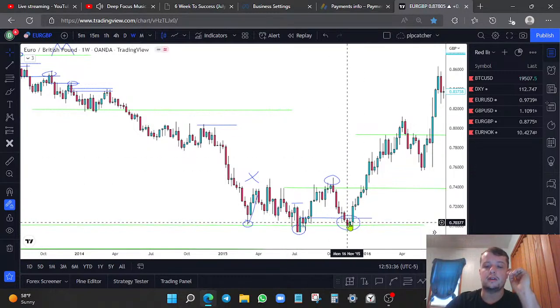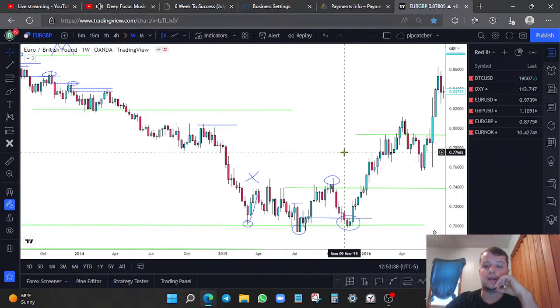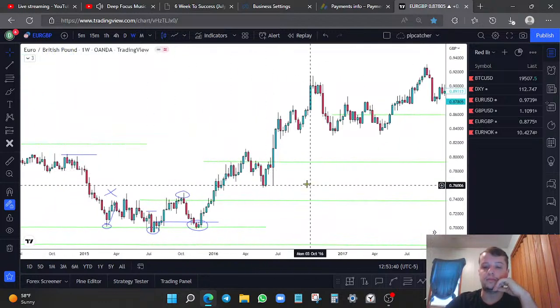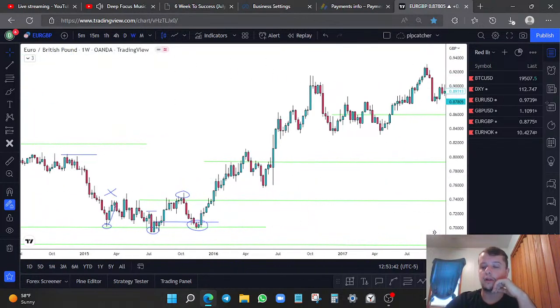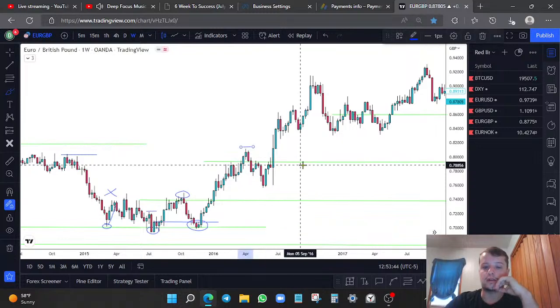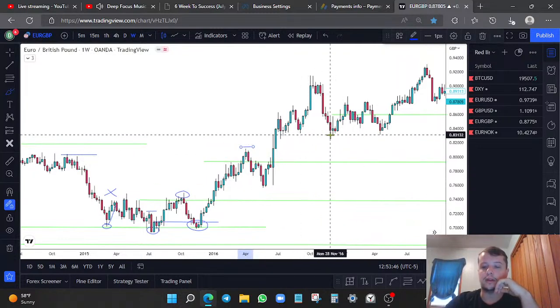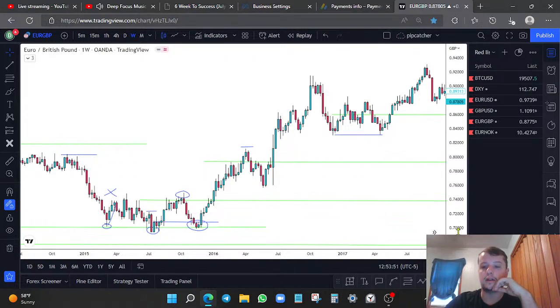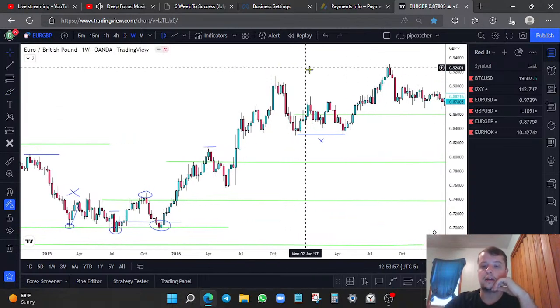And you could catch a good entry in this area. Huge break of structure here. Price doesn't come back, but we do create liquidity in this area, so we'll see if price can take that out.